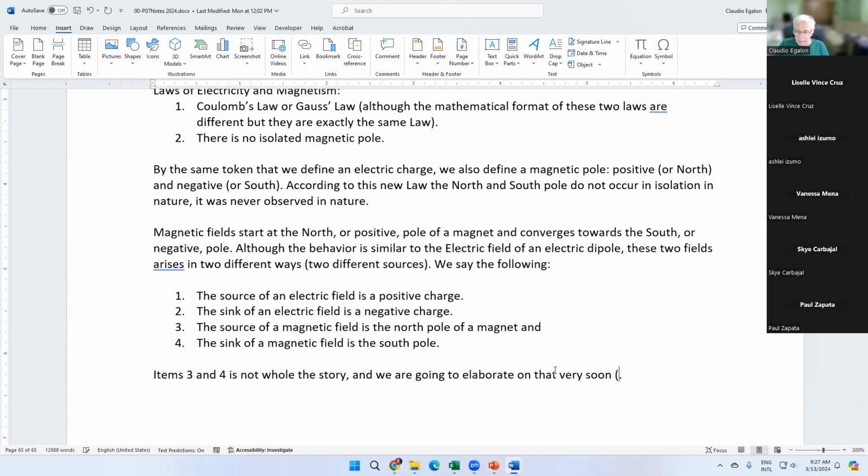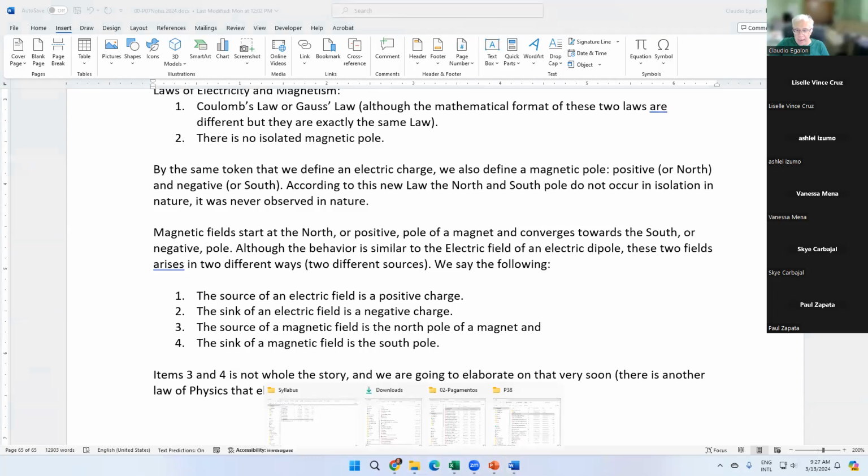In reality, there is another law of physics that elaborates on the source of the magnetic field, which we're going to see very soon.